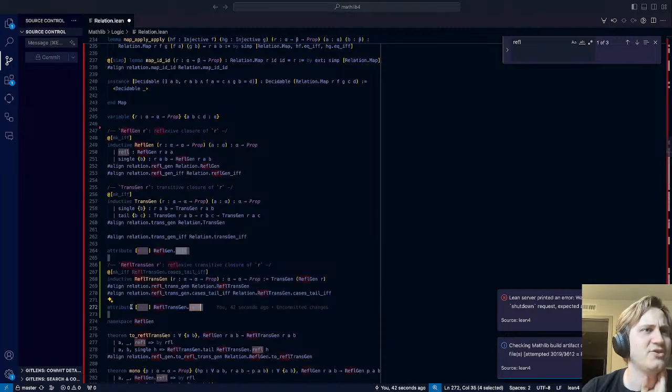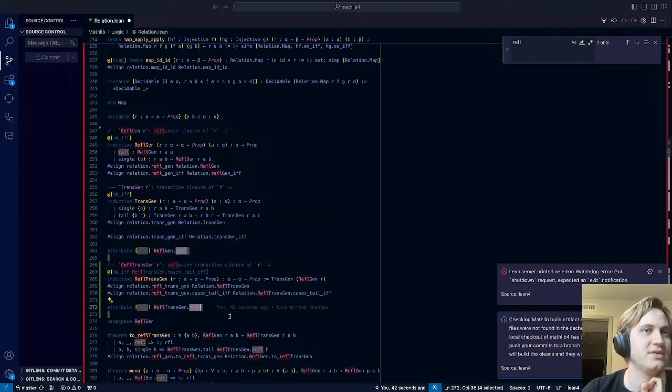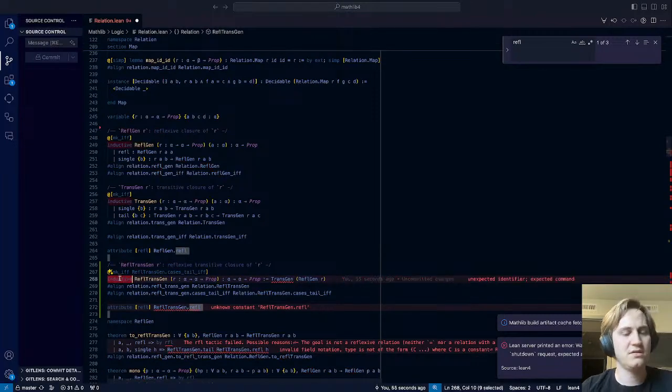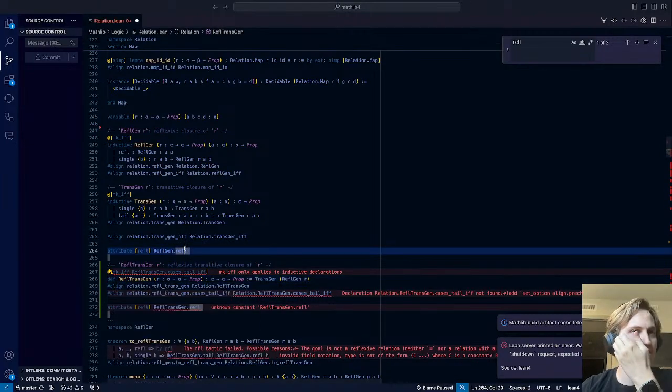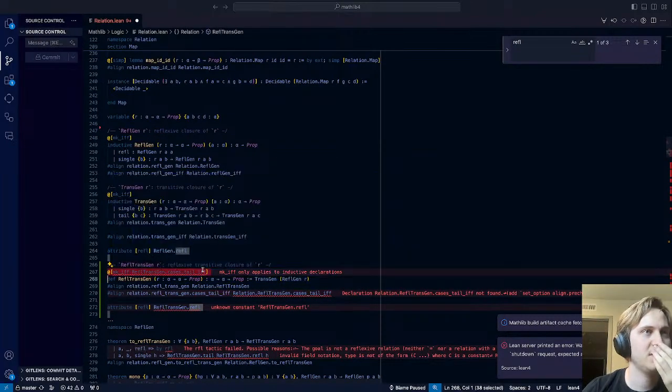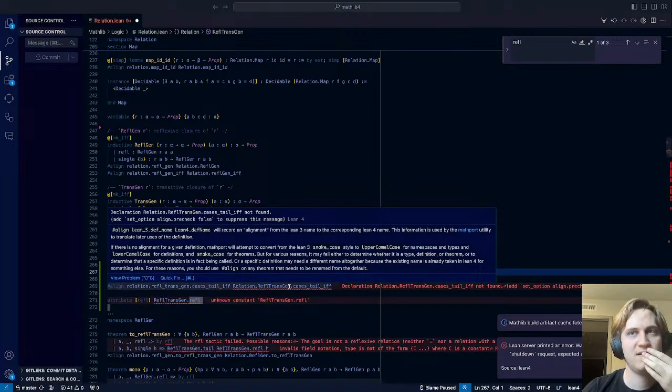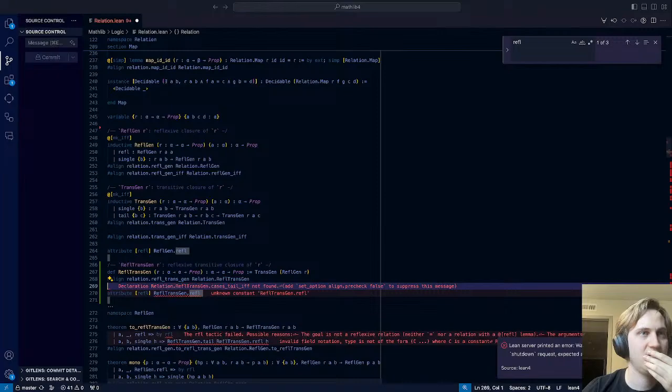And I think that this attribute should be gone because now the ReflTransGen is just the TransGen of ReflGen, I believe. It should not be inductive; furthermore, it should be a def, I think. Only applies. Yeah.